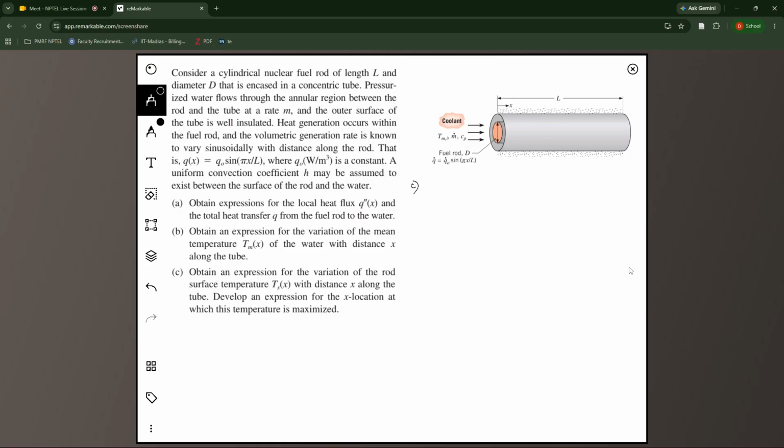So we already know that the heat transfer coefficient times the surface area times the surface temperature minus Tm should be equal to the net heat flux times the surface area. So from this we can calculate Ts, because Tm we already have the expression. So Ts is given by Tm plus Qw prime, the net local heat flux, divided by the heat transfer coefficient.